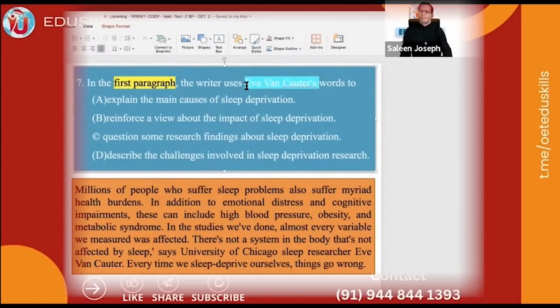And coming to the options A, B, C, what is important? Causes, main causes. Impact. See the beauty, if you have seen cause and effect language, you can see the beauty here.